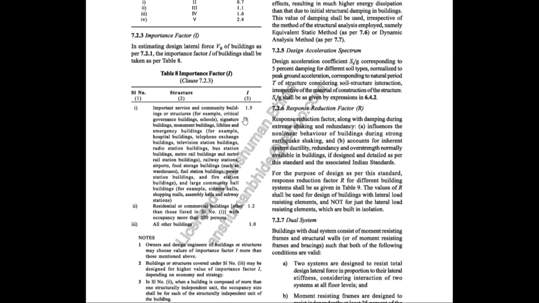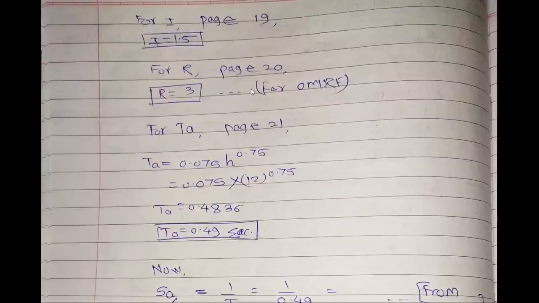If there is a public building, for example hospitals, schools, or emergency buildings like a hospital, then the value of I is to be considered as 1.5. If a residential or commercial building is given, then the value of I is to be considered as 1.2. For other buildings, it is considered as 1. So we are taking I equal to 1.5.